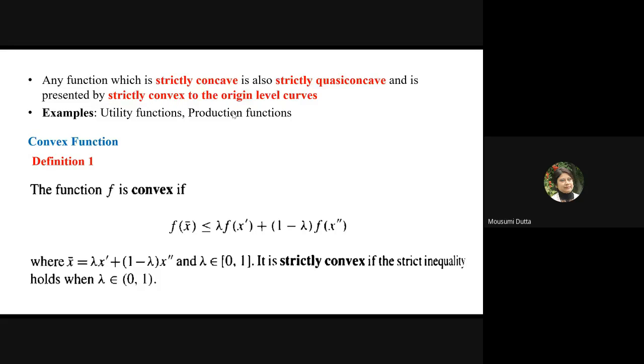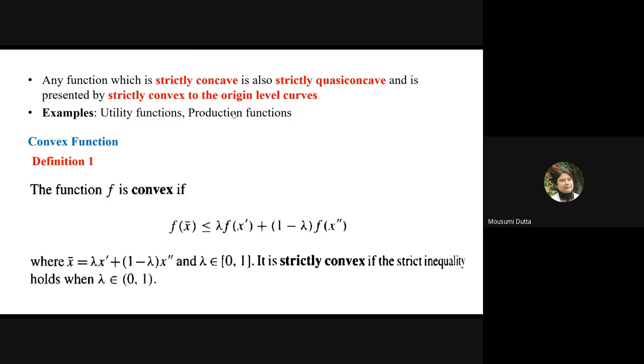Then why can we present the strictly concave as well as strictly quasi-concave function using strictly convex curves? These functions can be presented by strictly convex curves because our emphasis here will be mostly on applications, like utility function and production function. If you consider a utility function or production function, these functions are quasi-concave.